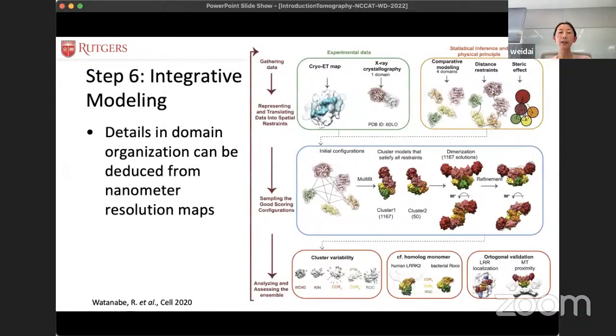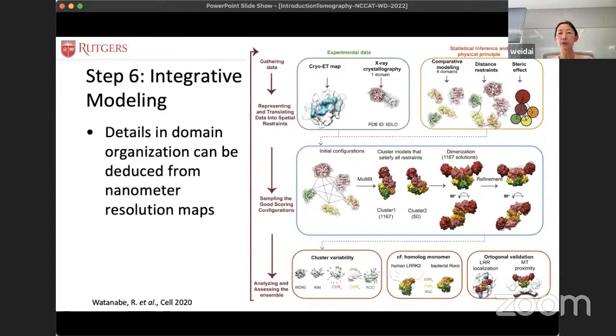And then in addition to subtomogram averaging, I also want to mention you can perform integrative modeling. Generally speaking, subtomogram average resolutions are still quite limited compared to single particle projects.